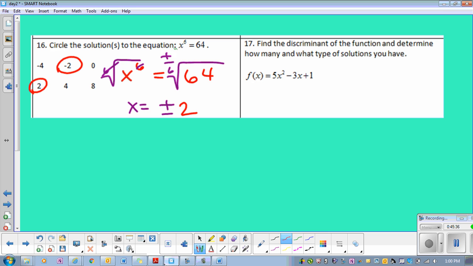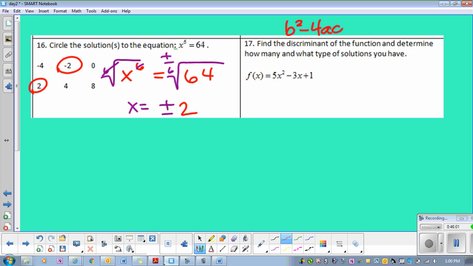Find the discriminant of the function and then determine how many and what type of solutions you have. So remember, the discriminant is all of that stuff inside the square root in your quadratic formula, right? So that is b squared minus 4ac.